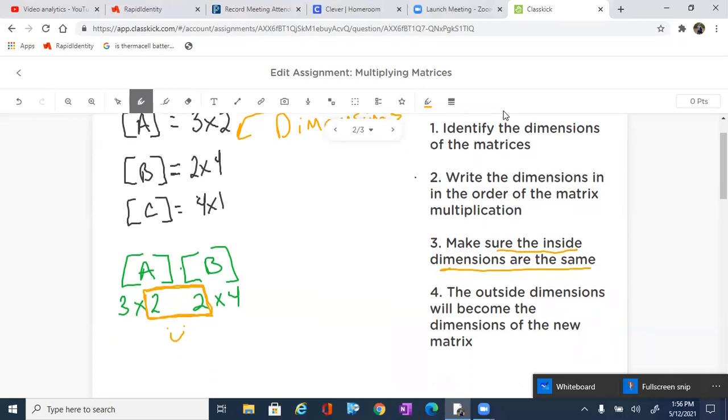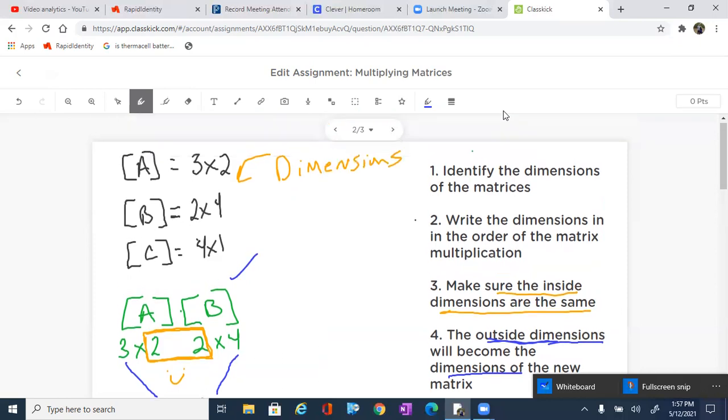The resulting dimensions are going to be the dimensions on the outside. So I take this 3 by 4, and the final dimension should be a 3 by 4. So yes, these can be multiplied, and if I multiply A times B, I will get a 3 by 4.